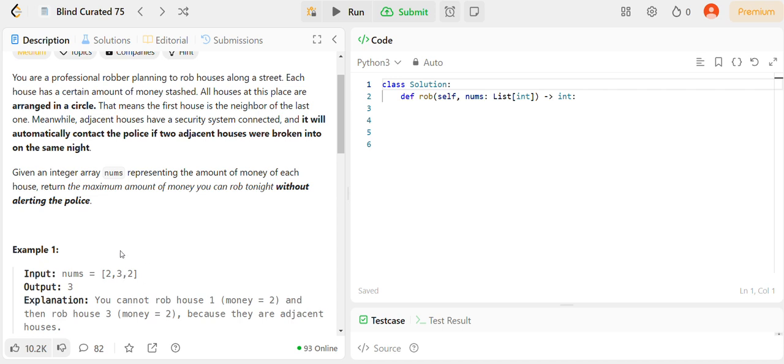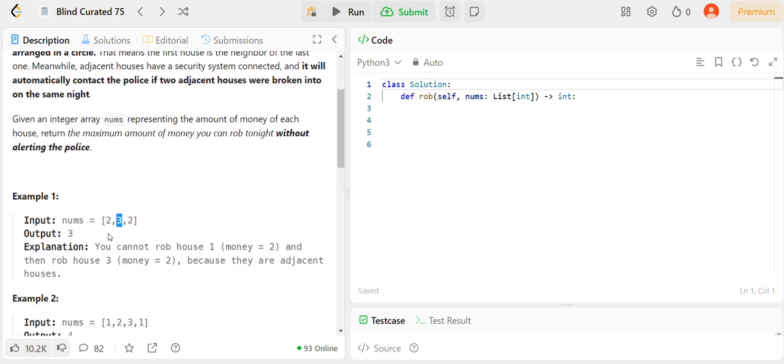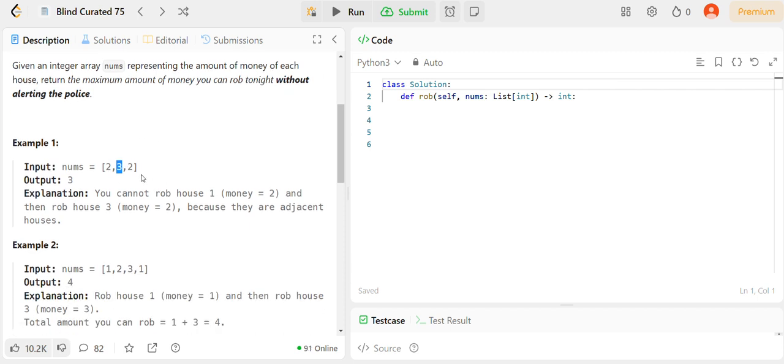So we cannot rob neighbors: 2 and 3 are neighbors, 3 and 2 are neighbors, 2 and 2 are neighbors. We will try to find the maximum amount. In this case, we can only rob 3 because all of the 3 houses are neighbors, so we can only rob 1 house.